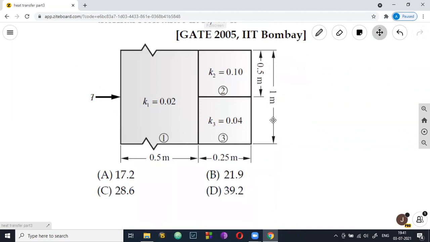Okay, so K1 is there. K2 and K3, these two are actually in parallel. As I said earlier, whenever you see such a figure, you always try to draw the resistance network, like an electrical resistance network. So the resistance network is: first is K1 or R1, then your R2 and R3 are going to be parallel to each other.